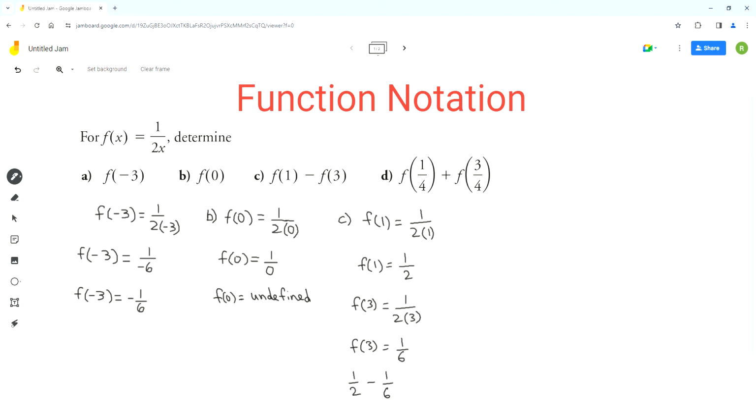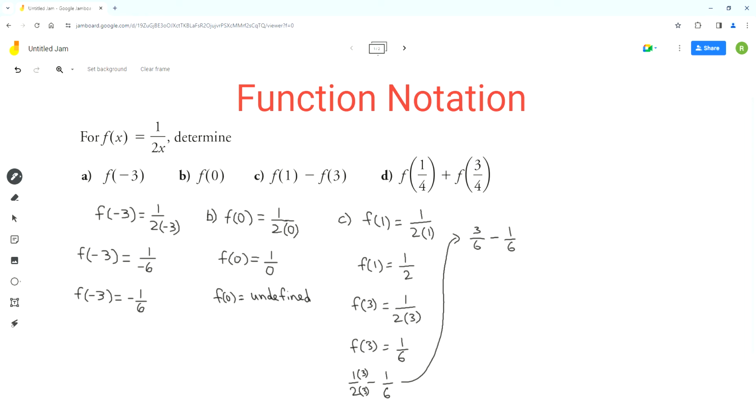So now we have to subtract these fractions, but they don't have the same denominator. So for that, we'll have to multiply the first fraction by 3 in the numerator and the denominator, because the common denominator is 6 and 2 times 3 is equal to 6. So we get 3 over 6 minus 1 over 6.